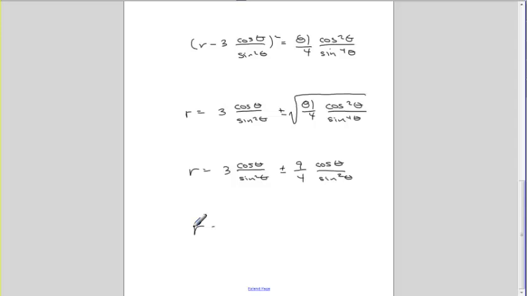So you've got two solutions. With the plus, you'd have 12/4 plus 9/4, that would be 21/4 cosine theta over sine squared theta. That's one solution. If you subtracted it, you have 12 minus 9, which would be 3/4 cosine of theta over sine squared of theta.